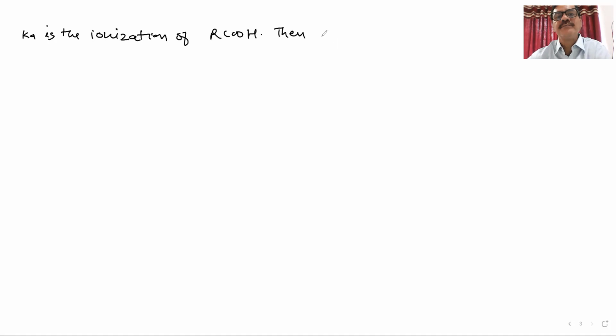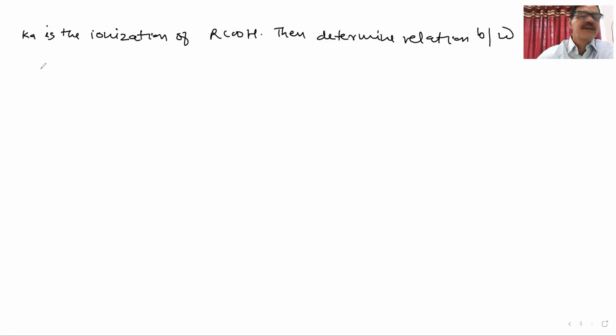Then determine the relation between pK and E1, E2. So this is the question.